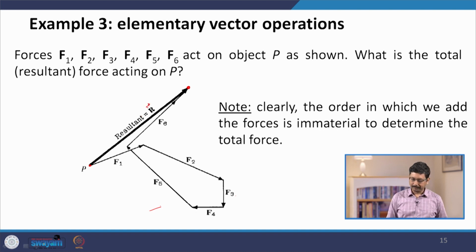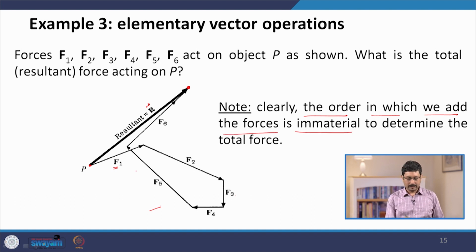which is R. Note here that I represent the forces by a bold font instead of an arrow. The bold font means the force is a vector. The main point to remember in this problem is that the order in which we add the forces is immaterial.